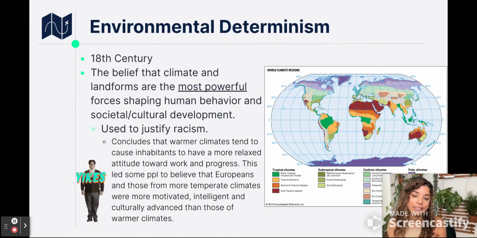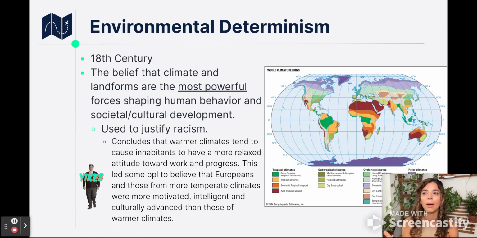So again, this doesn't necessarily always have to do with something as extreme as justifying racism, but even just how cultures develop, right? Like structures of homes and dwellings that people use their environments to create, like using clay, using wood from trees, things like that.